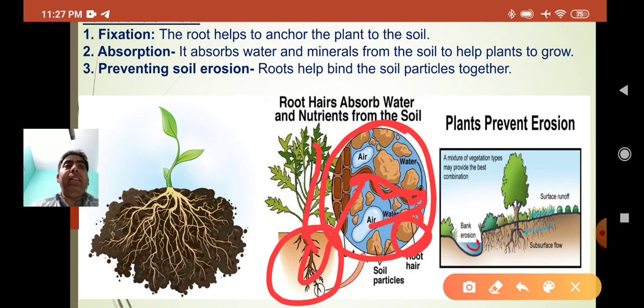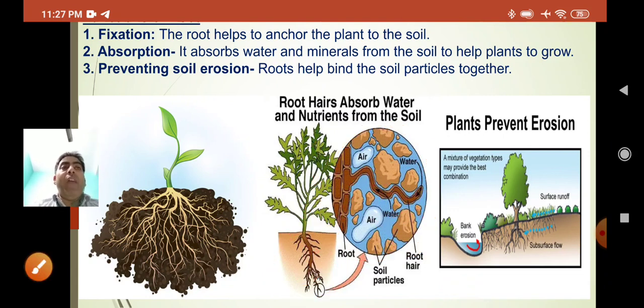The plant uses water and minerals to manufacture food and carry out life processes. But the important thing is, what is the name of the process by which the plant makes its food? That is called photosynthesis. What is photosynthesis?